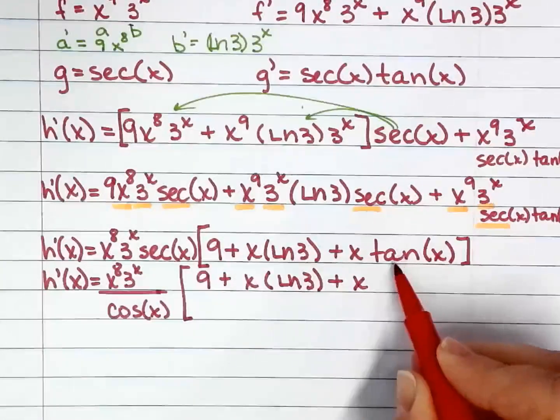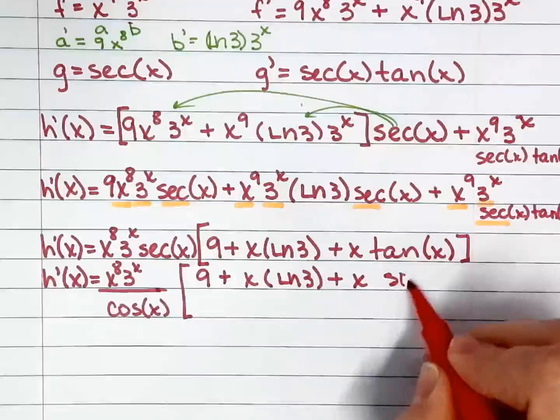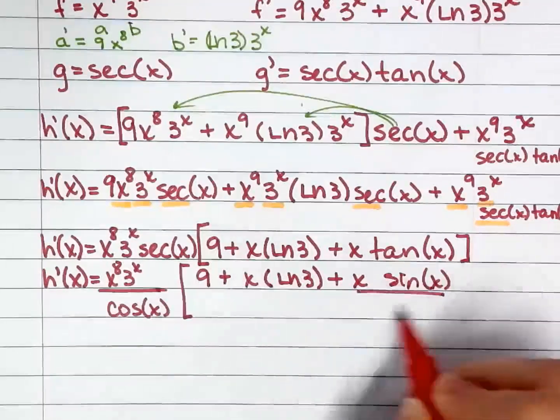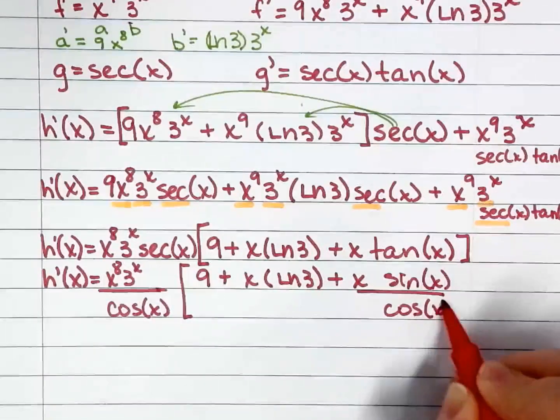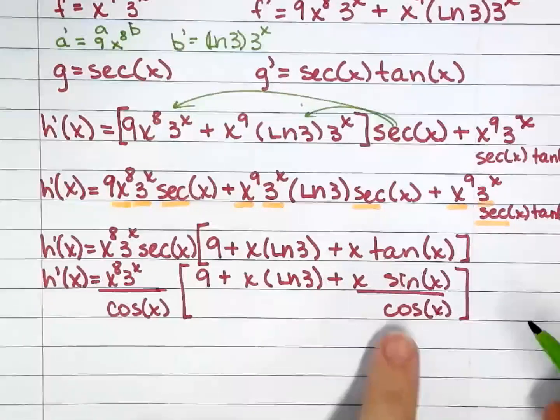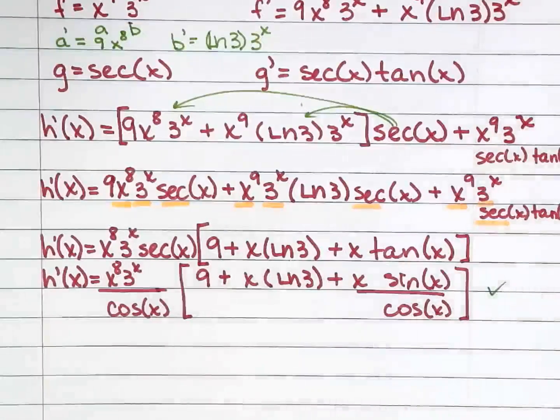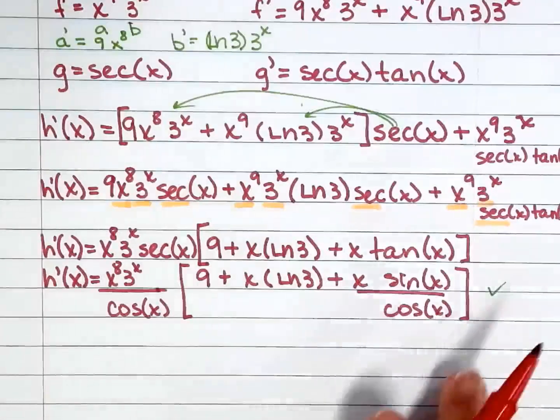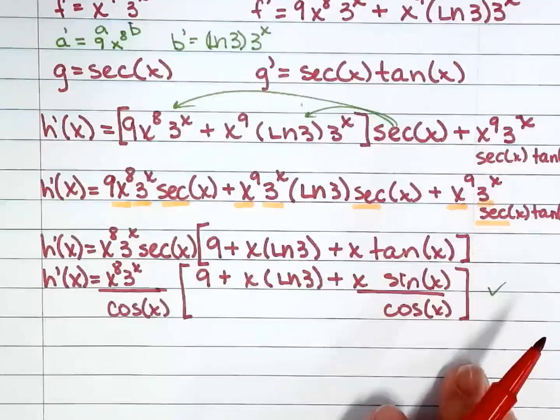And then I know tangent is sine over cosine. Okay, you can stop right here because this is fully factored and it is in terms of sine and cosine. Or if this really bothers you, we can keep going. But this is good already.